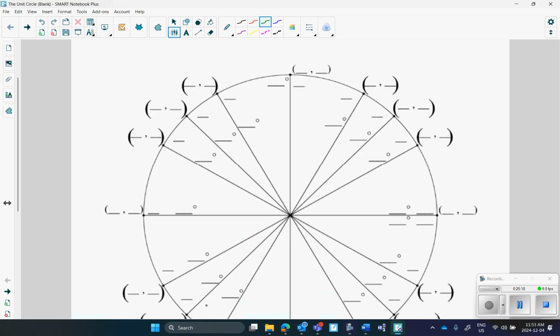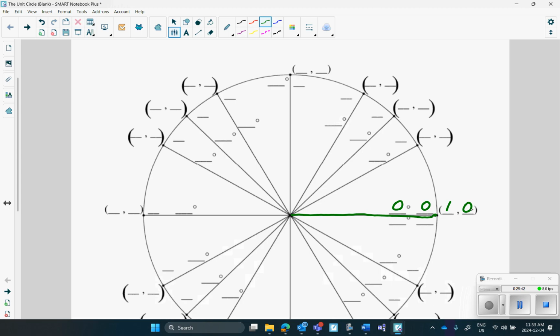Let's start with the ones that we just did, the 5. Here's the first one we did. Degrees or what in radians? And what was the point on the unit circle?